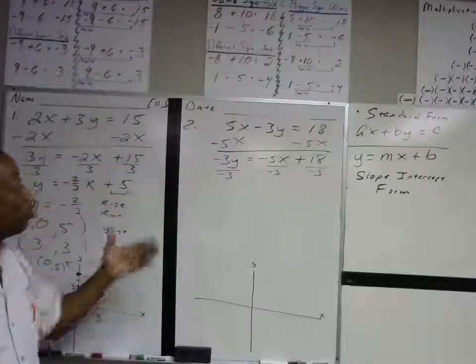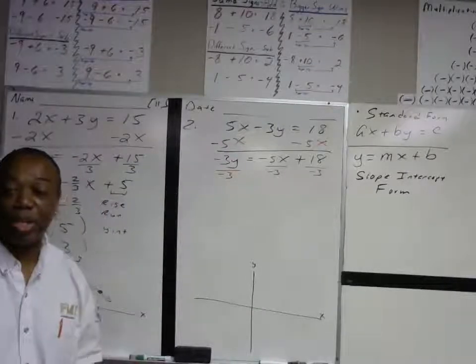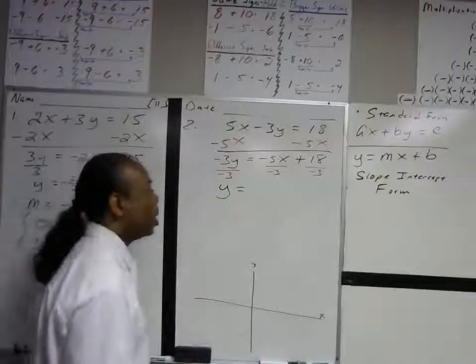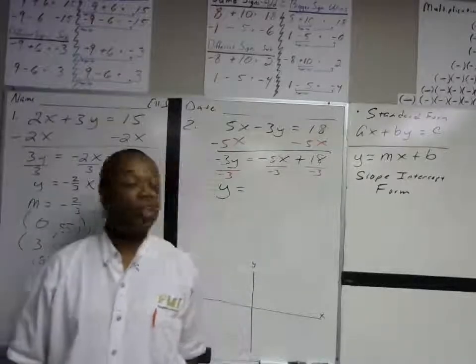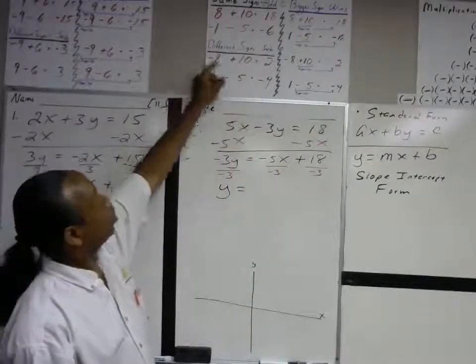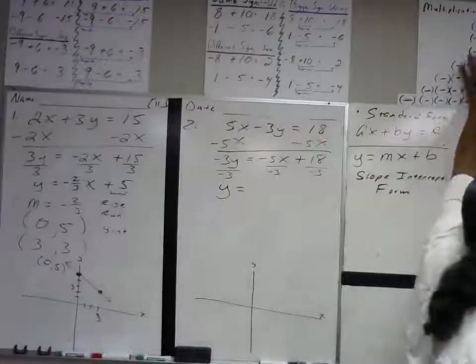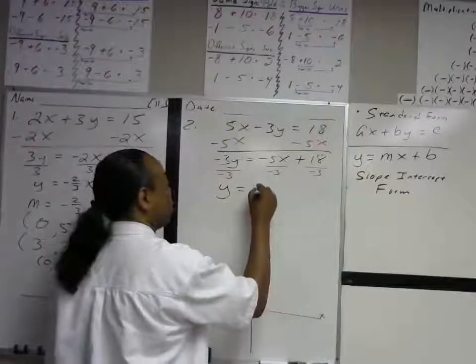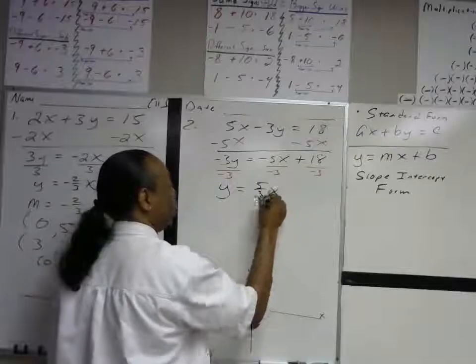As a result, you're going to get a positive y when the negative 3's cancel. And here you have two negatives. Negative divided by negative. Two negatives, division, give you positive. So it'll be a positive 5/3 with the x.